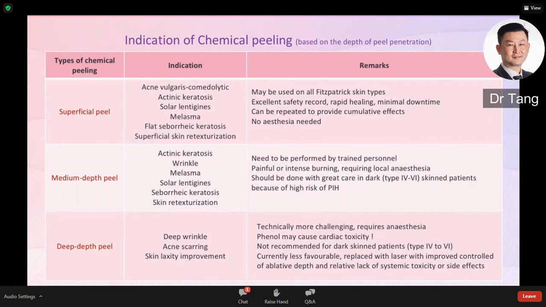And this deep depth peel is not recommended for dark skin patients because of very high risk of post-inflammatory hyperpigmentation and scarring. And currently, deep depth peel is less favorable, and it has been largely replaced with laser, which has improved control of ablative depth and relative lack of systemic toxicity or side effects as compared to deep depth peel.